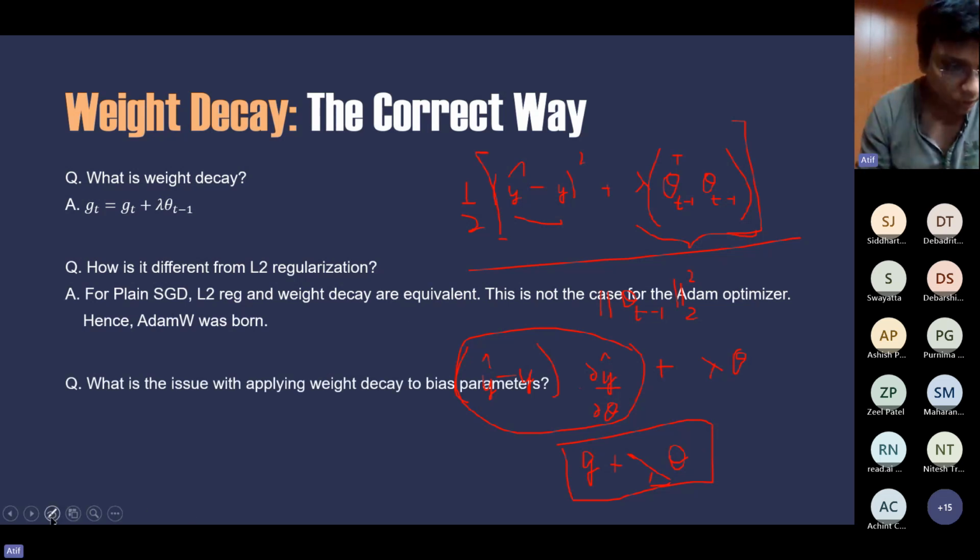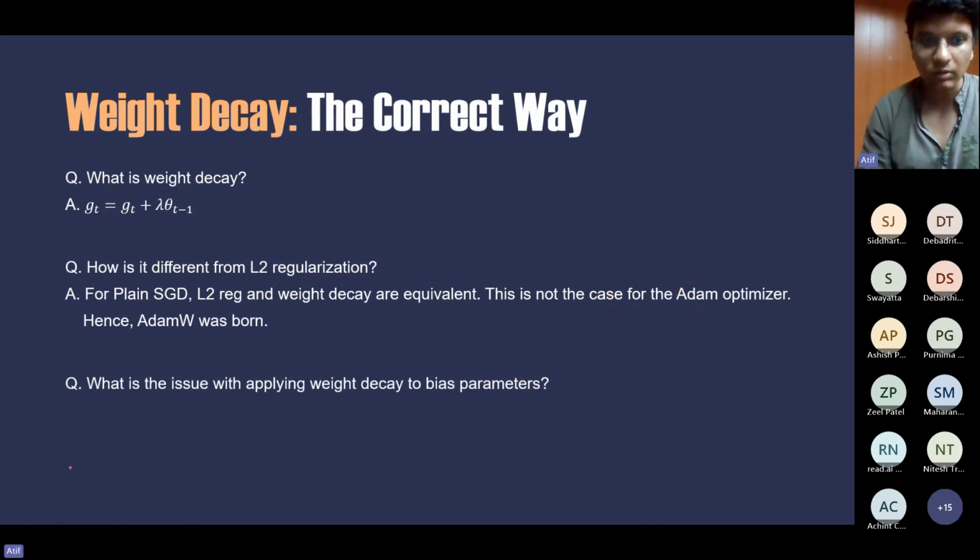So how do I remove this? What is the issue with applying this? So this was the whole picture behind the difference between weight decay and L2 regularization, why AdamW was born, and so on.